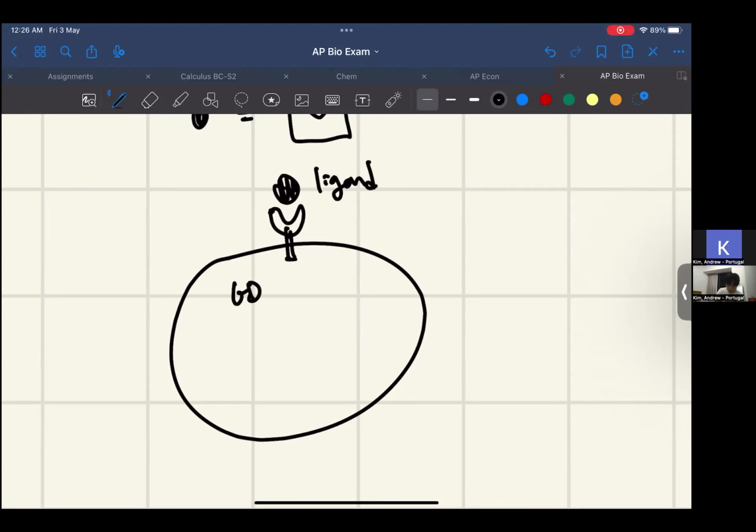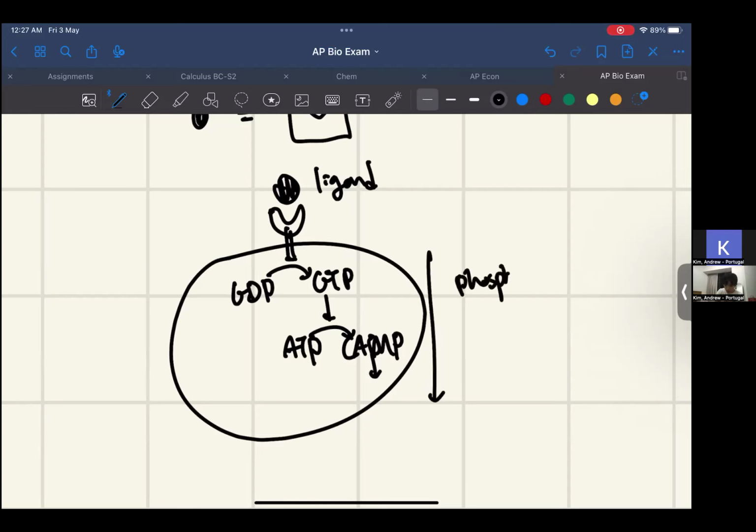For example, GDP will be converted to GTP, and this conversion will promote ATP to be converted to cAMP, and the cAMP will, it's like a cascade, right? It's like a chain of reaction. This chain of reaction is called the phosphorylation cascade.